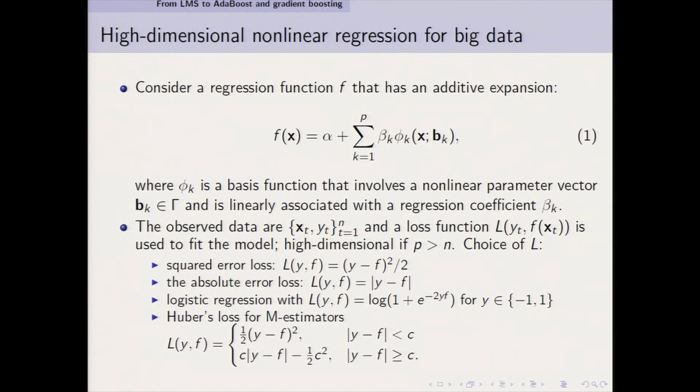Today, Narasimhan this morning talked about different loss functions, like the Huber loss for M-estimators that he mentioned, or the absolute error loss, or the logistic regression loss of this type. So that's the framework.